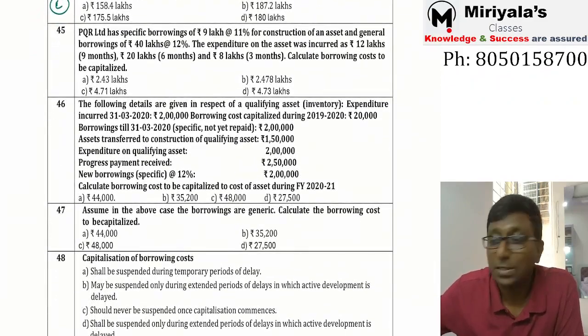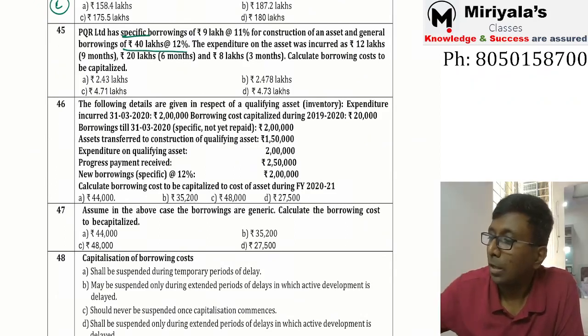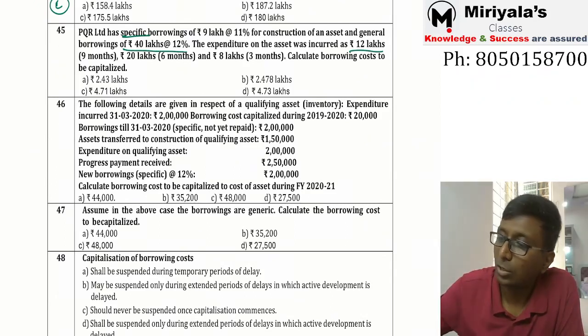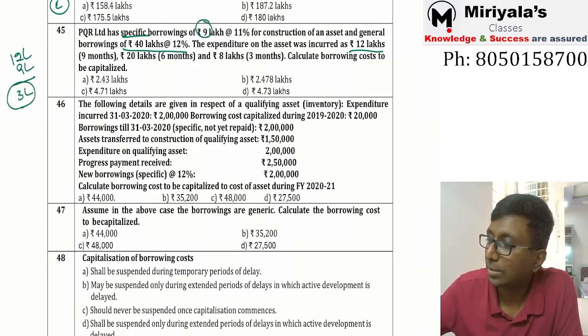PQR Limited has a specific borrowing of 9 lakh rupees at 11% for construction, and there is a general borrowing of 40 lakh at 12%. Only one is there, so no problem. The expenditure on the asset incurred is 12 lakh. So what are you supposed to do out of 12 lakh? First you should assume that 9 lakh is from specific borrowings, so only 3 lakh rupees is utilized from the general borrowings.